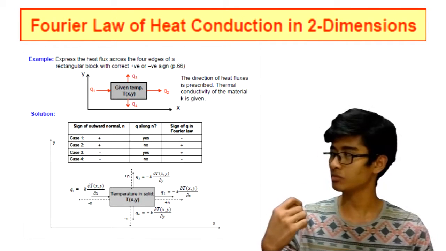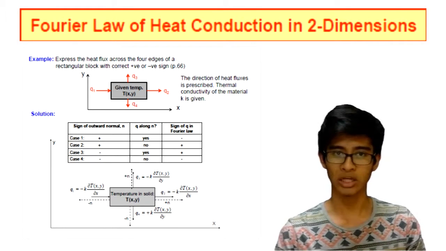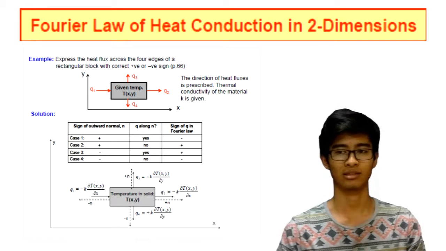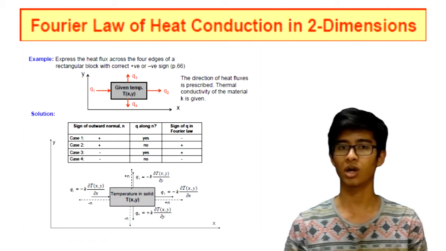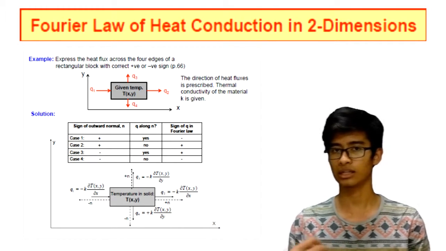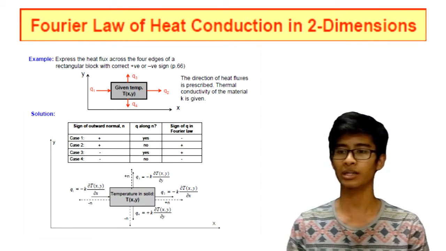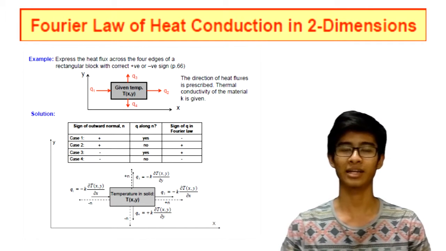As the diagram shows, Q is clearly in the opposite direction of n. So this is case 4, which fulfills all the requirements we discussed earlier. So Q1 will give a negative sign of heat flux.